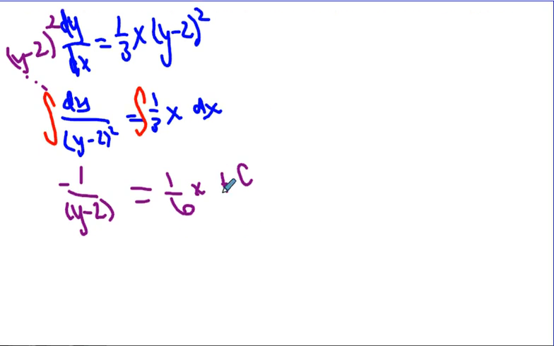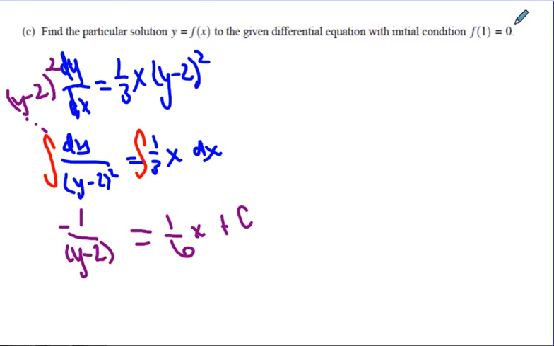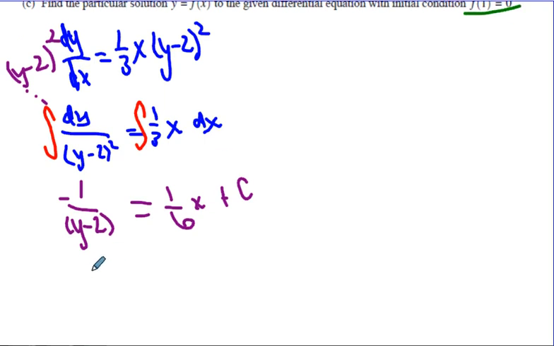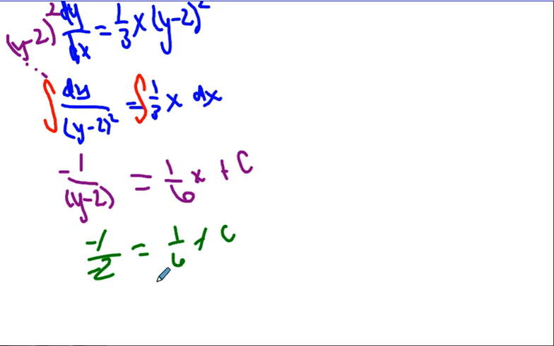All right. And now we're going to plug in our initial condition of f of 1 equals 0. So we've got negative 1 over negative 2 here when we plug in 0 for y. And then we've just got 1/6 here plus c. So that's 1/2 equals 1/6 plus c.